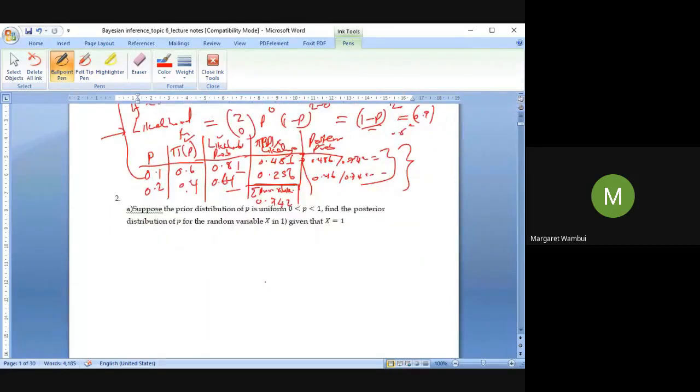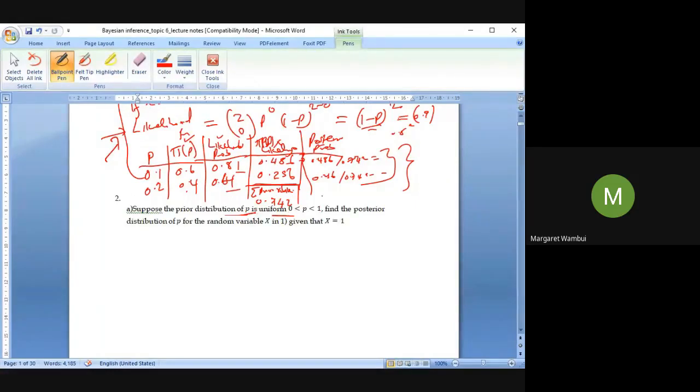Then another example. I'm still using the same example, but now I look at a case where suppose the prior distribution of P is uniform. Now we change the prior. Instead of using the discrete case, now we use a uniform prior.